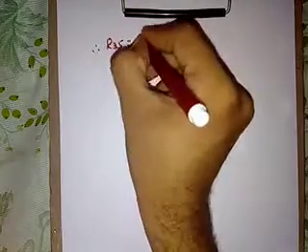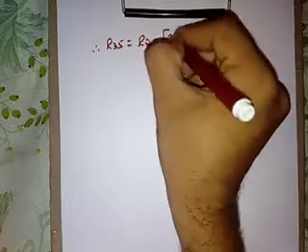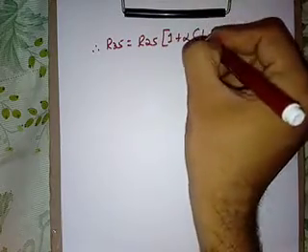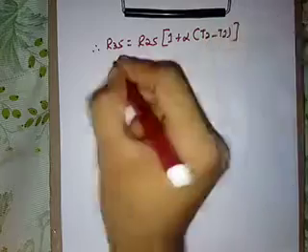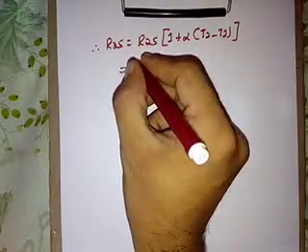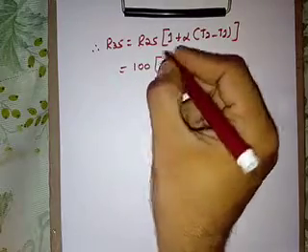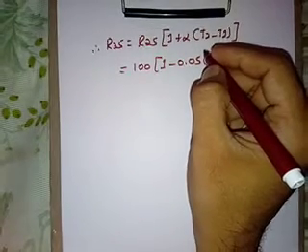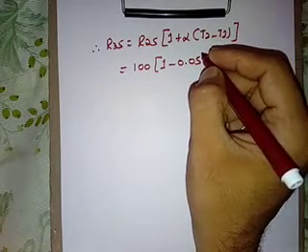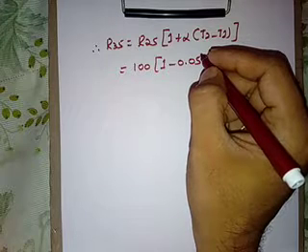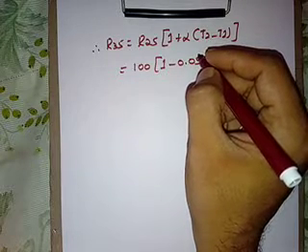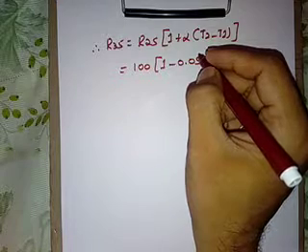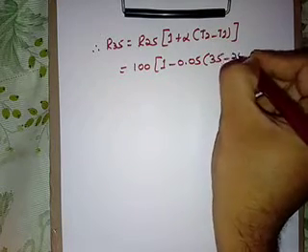Applying it here, we want R35, so R35 equals R25 into 1 plus alpha into T2 minus T1, which is 100 into 1 plus alpha, where alpha is minus 0.05, into T2 minus T1. T1 is the given temperature, 25 degrees Celsius, and T2 is the temperature at which we are supposed to find the resistance. So this is 35 minus 25.